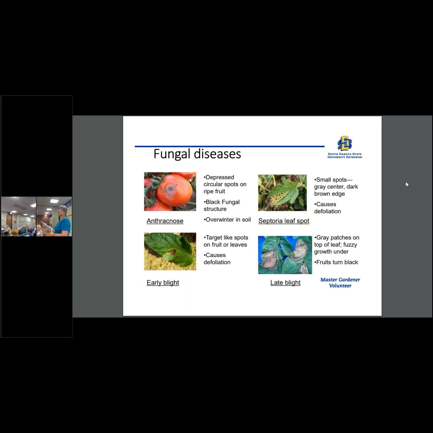This one occurs when the conditions are cool and wet. And from both of these, it's affecting your potatoes. Do not save the tubers for seed for next year, because it's in the tubers.